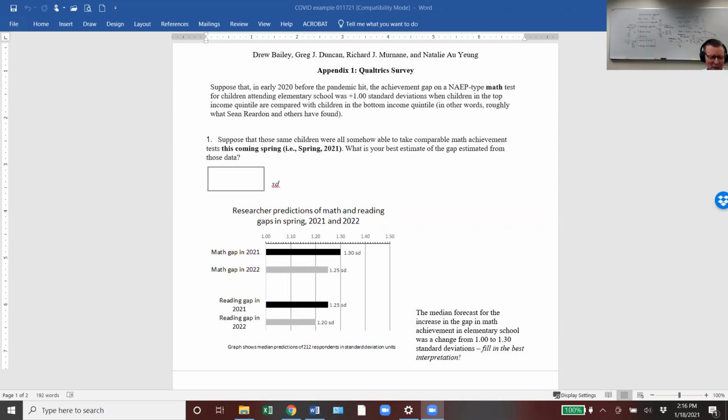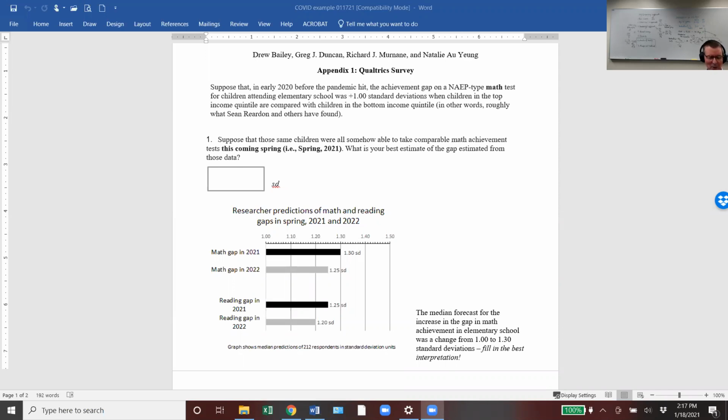This is an article, a paper that Drew, Dick Murnane, and Natalie Young, one of your colleagues, did in November and December of this past year. We were interested in the implications of COVID-19 for the learning gaps between advantaged children and disadvantaged children.